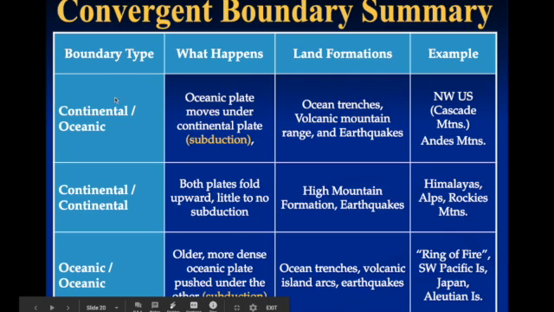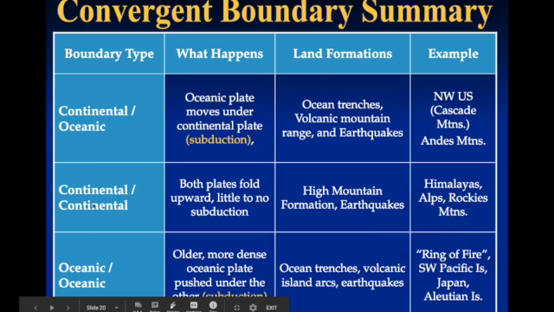Okay? So, continental to oceanic, you have one of the plates being oceanic, so that means subduction, right? Ocean plate is more dense, so it goes under. If there's subduction, you get ocean trenches, you get volcanoes, and always earthquakes. So you can see earthquakes in all three.